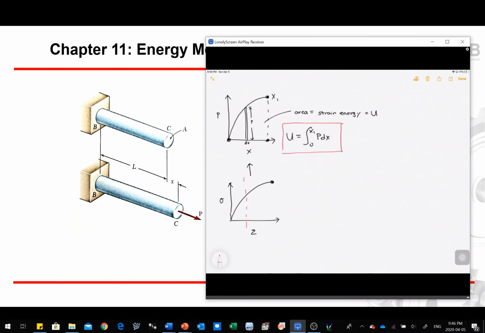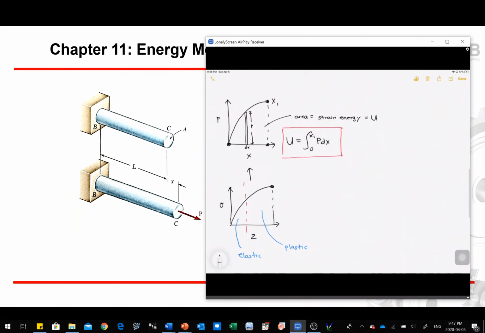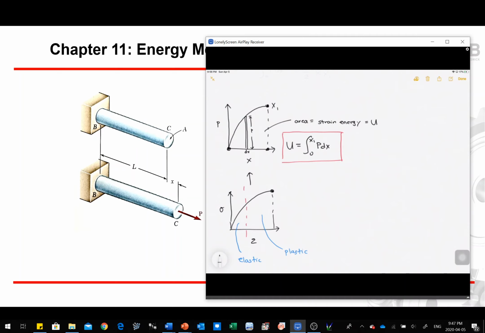You have your elastic region and your plastic region. So the first region right here is elastic, and that's your plastic region. Which means your strain energy on the top, from the force versus displacement curve, accounts for both your elastic and plastic region.